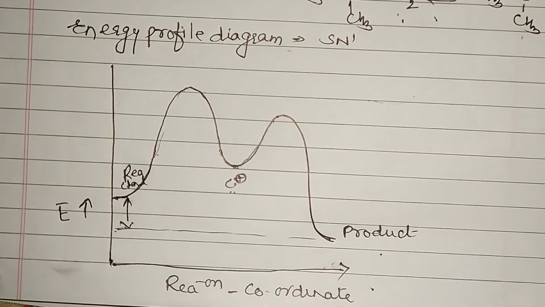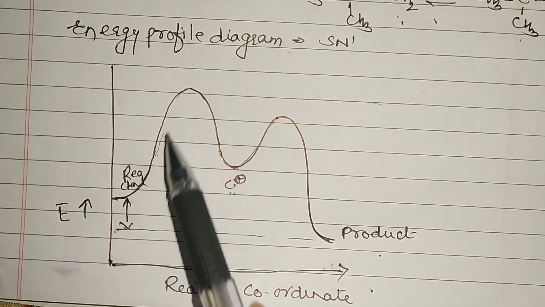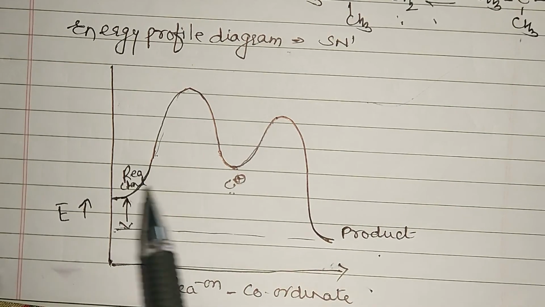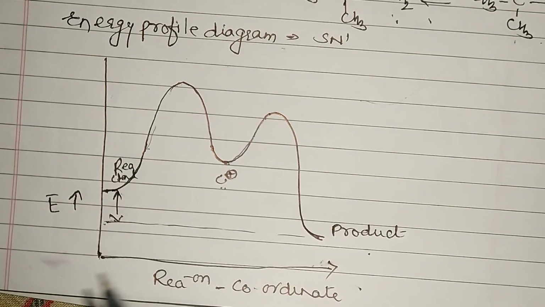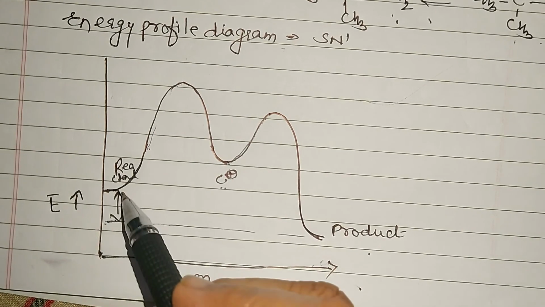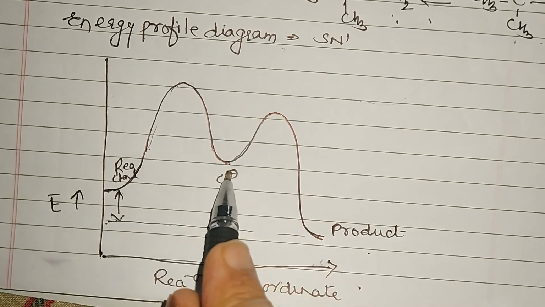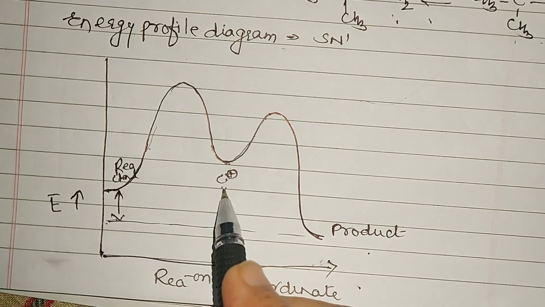After that, we learn about the energy profile diagram. This reaction is a two-step reaction. So there are two peaks in the energy profile diagram, and here reactants are present. When the carbon-Cl bond starts to break, the energy increases, and when it converts into C positive, the energy is decreased.